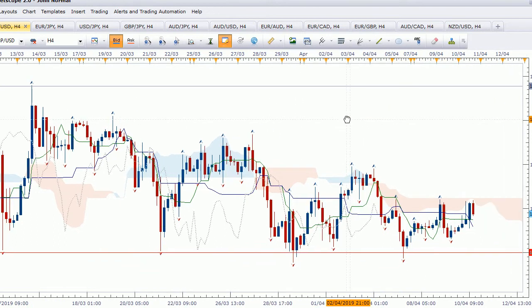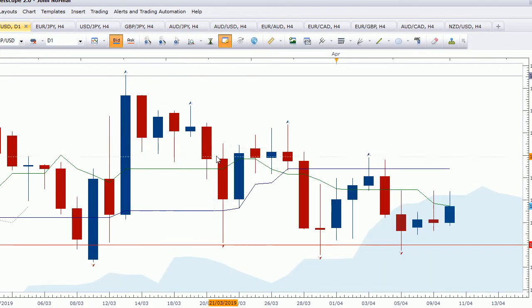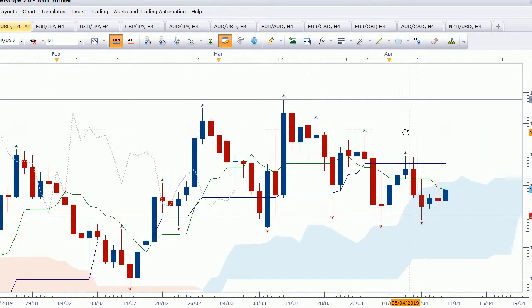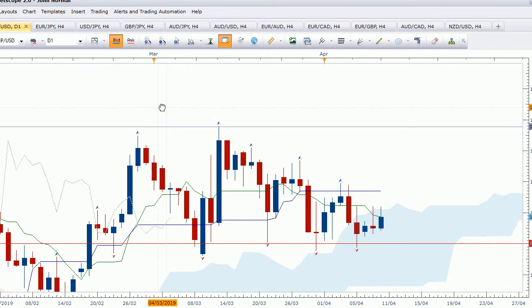But like I say, this is the 4 hour, and that's a relevant daily level. So we go back to the daily, and you can see them levels. I mark my levels on the daily, then go to the 4 hour.